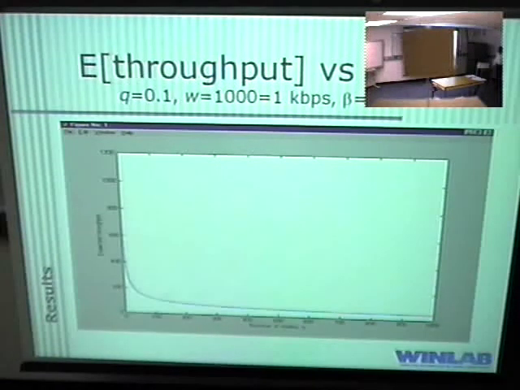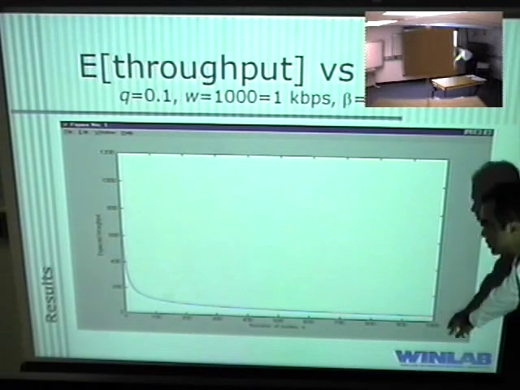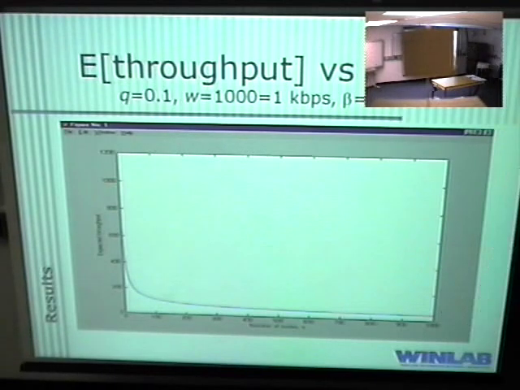Now, when Q is changed to 0.1, that is, there are 10% access points, the behavior of the curve is pretty much the same, but the lower minimum is now not going to 0, but slightly higher. And we find that as Q is increased, this gradually goes higher. That follows from the fact that the fourth part of the result that I had, namely access point to access point transmission, was a constant. So it's merely adding to the earlier graph.